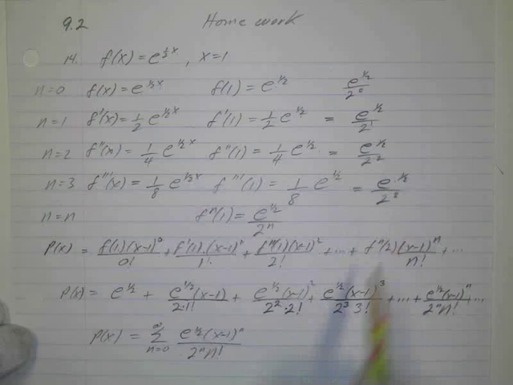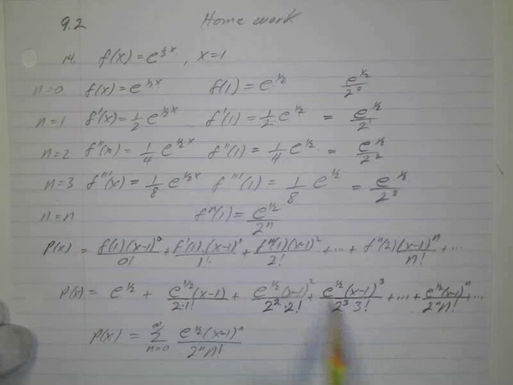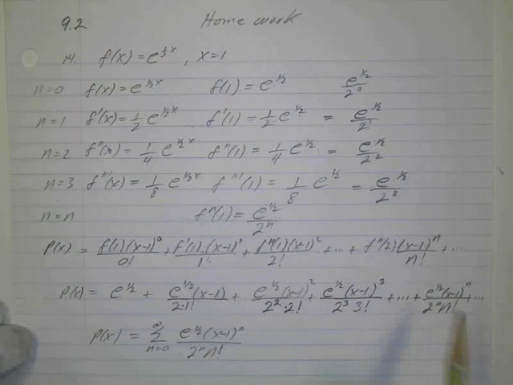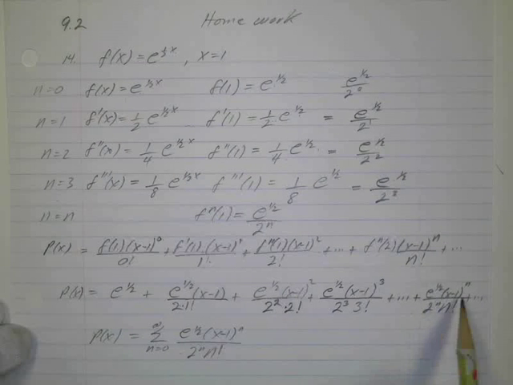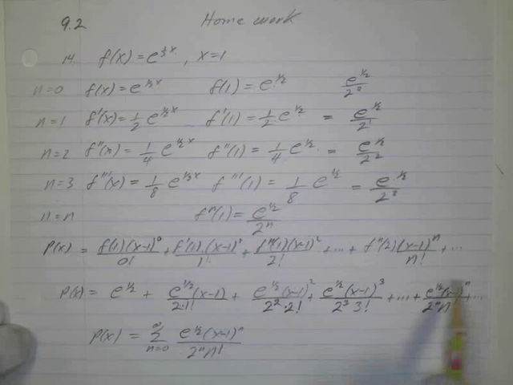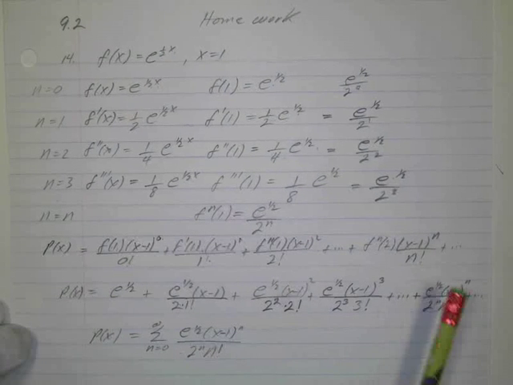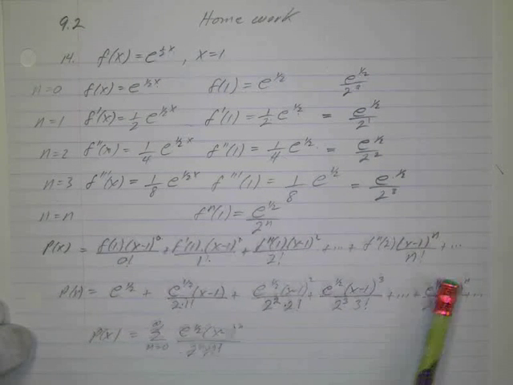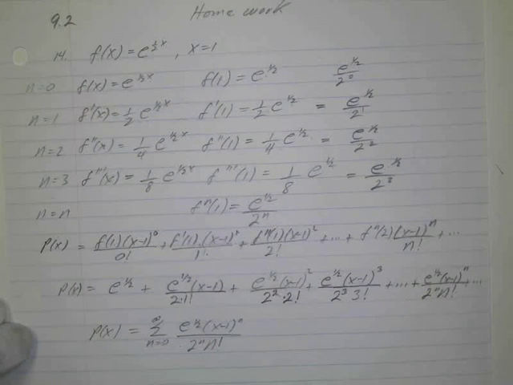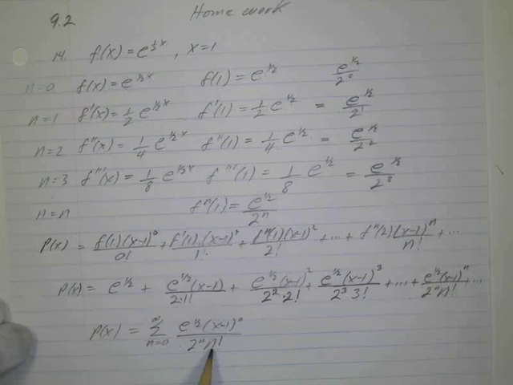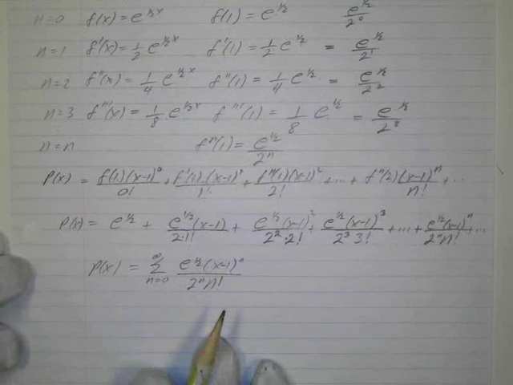So this was your derivative part here, e to the 1/2 over 2 to the n. And then this was the Taylor part, the general form x minus 1 to the n over n factorial. So we can put that together. That's the derivative part, and this is the other easier part to remember. And we could sum that up so you get your Taylor series like this.